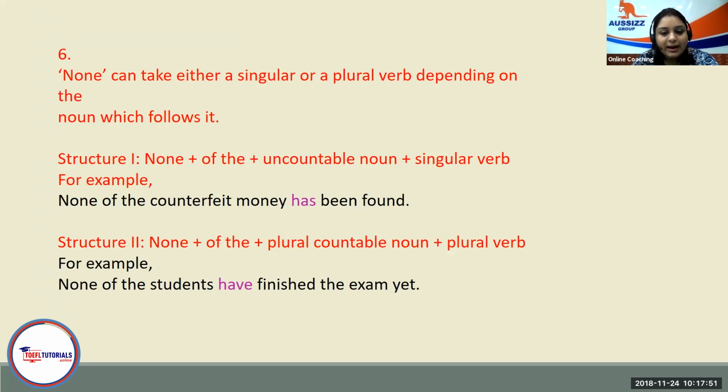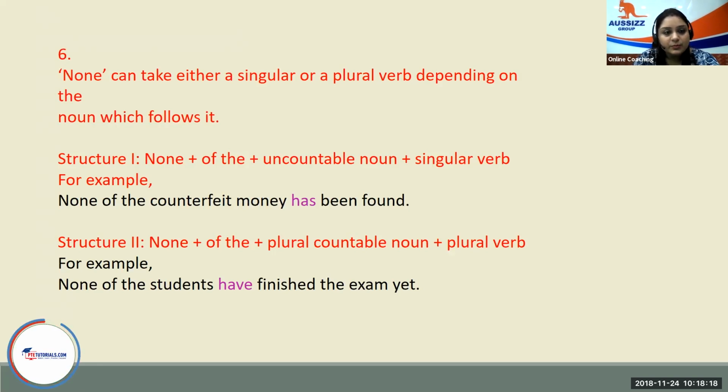Number 1, if you are adding uncountable noun to the word none, the verb is singular. If we are adding plural countable noun, the verb is plural. So none of the students have finished the exam yet. So here why I'm using have, because students are plural. Why I have used in the upper example has, because the money is singular.